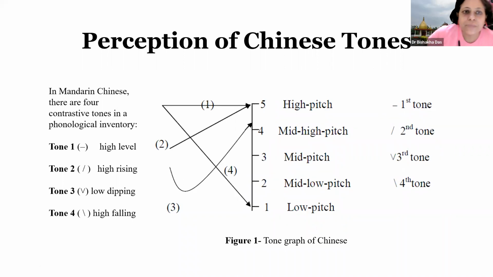So in Mandarin, when we say thank you, we say xie xie. It's the abrupt falling. So it's ma, ma, ma, and ma. Ma, high level, ma, high rising pitch, and low dipping, ma, falling and rising. And tone 4 is high falling. So it's ma.